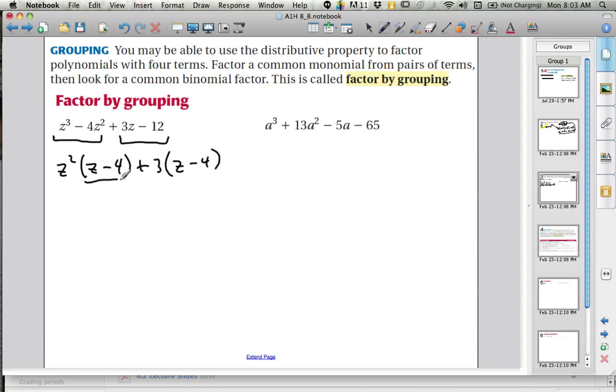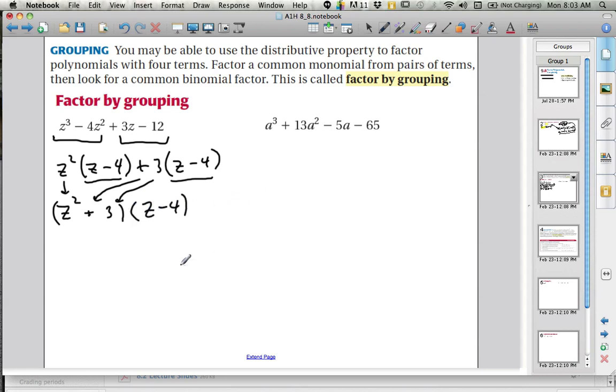And when this binomial and that binomial are the same, and they are here, they're both z minus 4, I can proceed to take z squared. Right? I'm going to take z squared, I'm going to take the operation sign plus, and I'm going to take the 3. And they become this binomial times z minus 4.